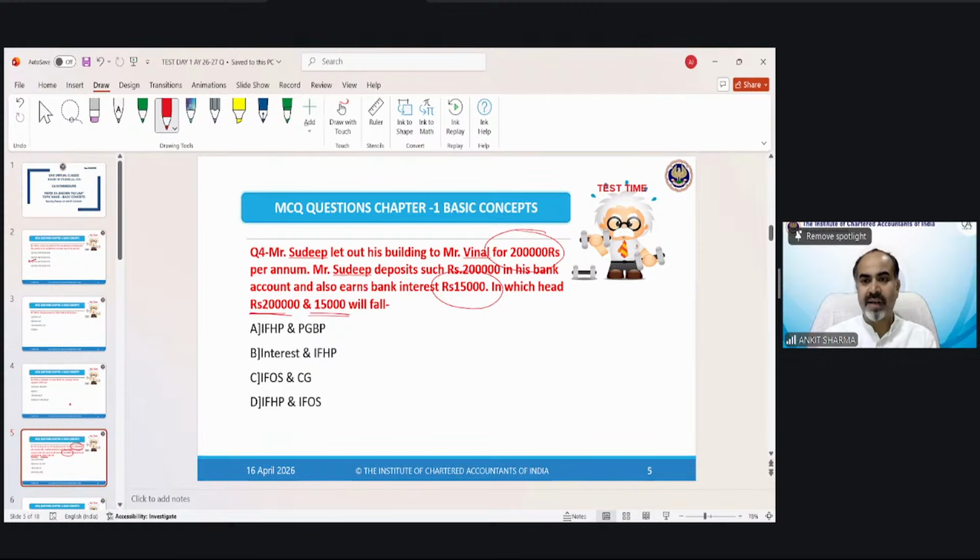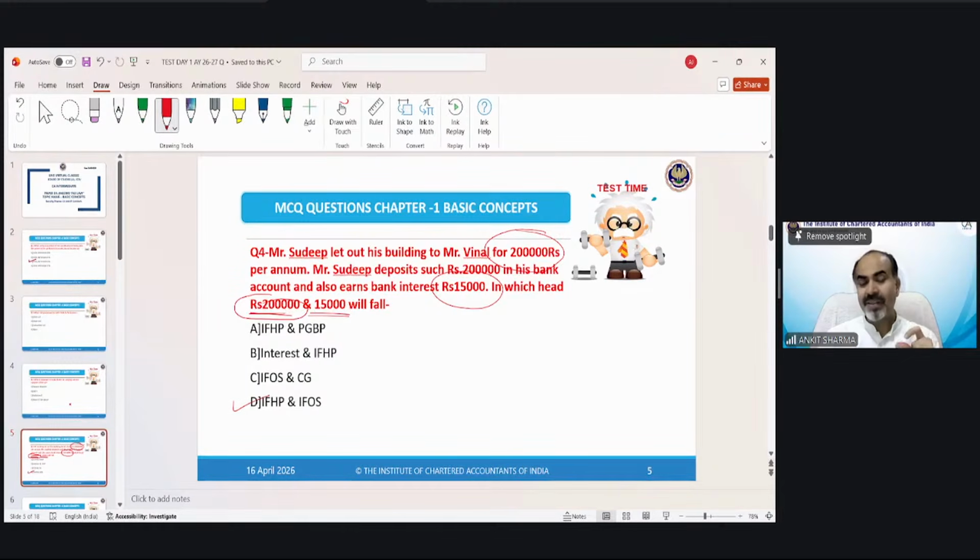So Vijwal is saying D, Tanisha is saying D, Akila is saying B, Nidhi is saying D, Vagya is saying D, Gaurav is saying D, Surinder is saying D. Very well done. The correct answer is, of course, D. Because this 2 lakh would form part of income from house property, because building rent is going to be taxed under income from house property.